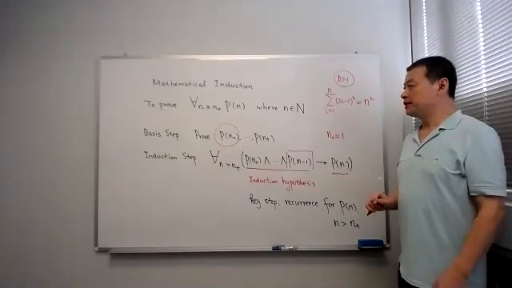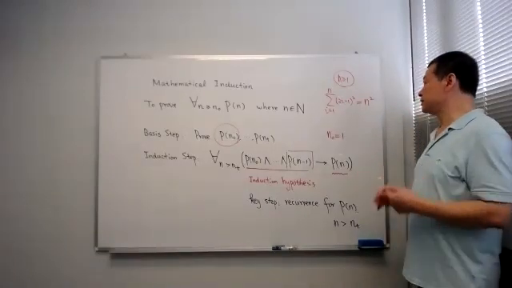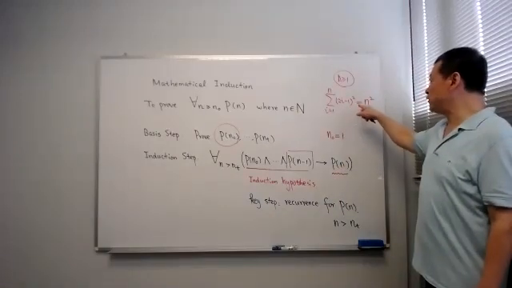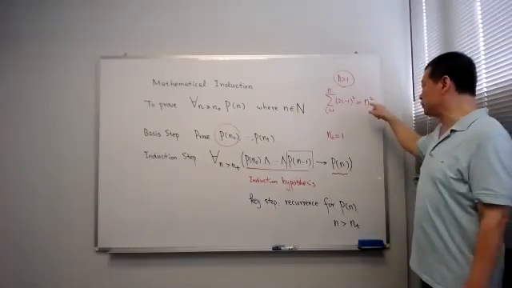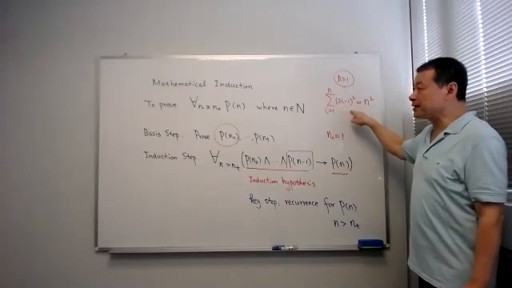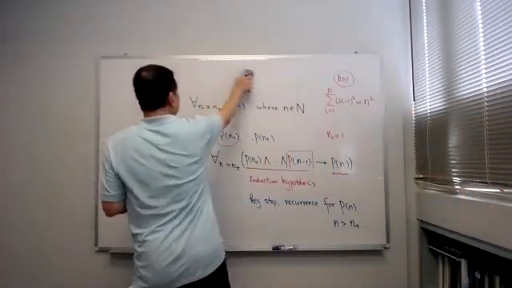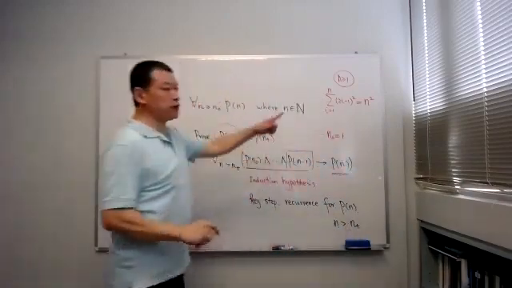All right. So that's the basic idea of mathematical induction. So for this particular example, we assume it's true for n minus 1, then we prove it's true for n.